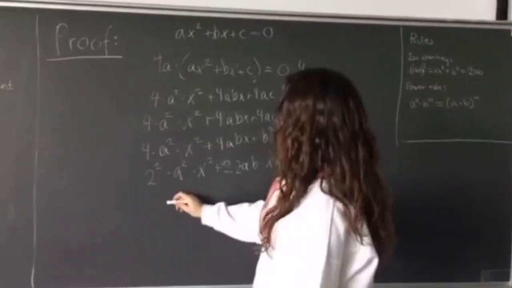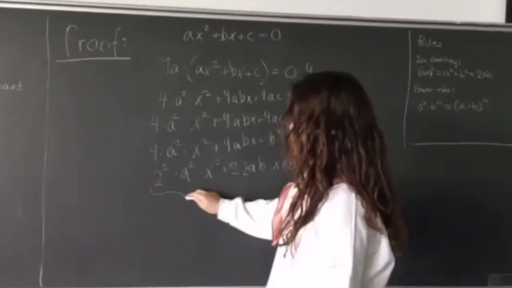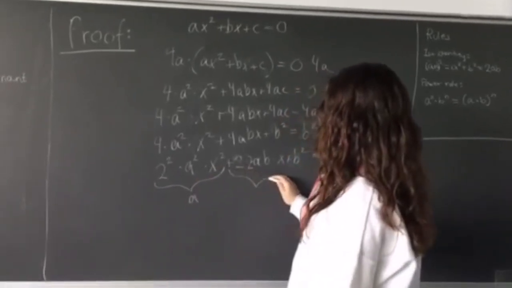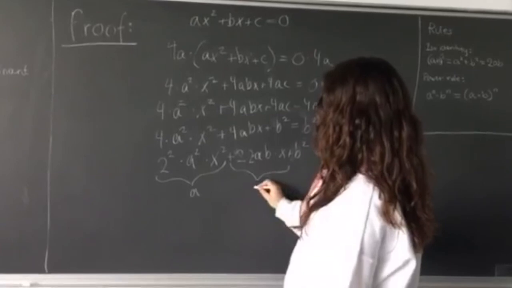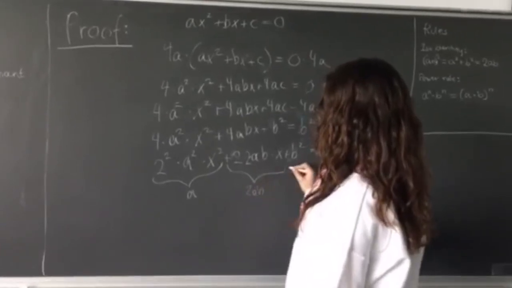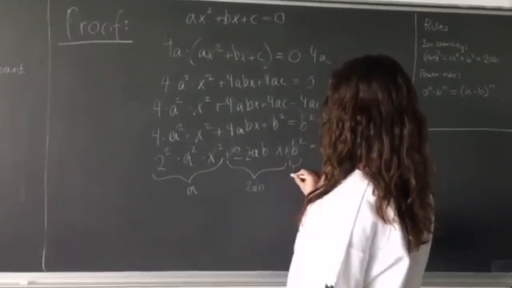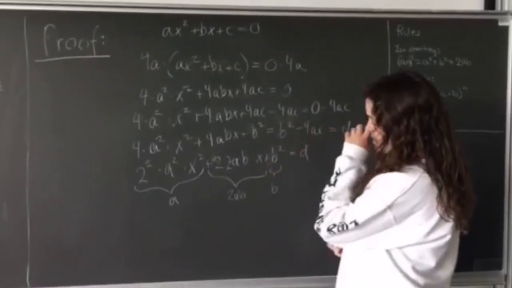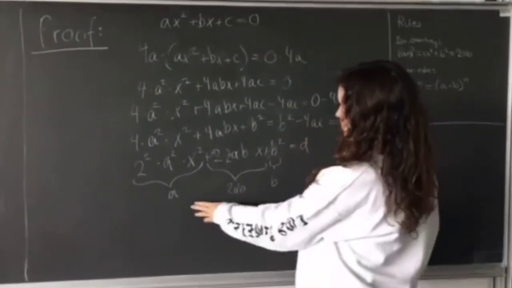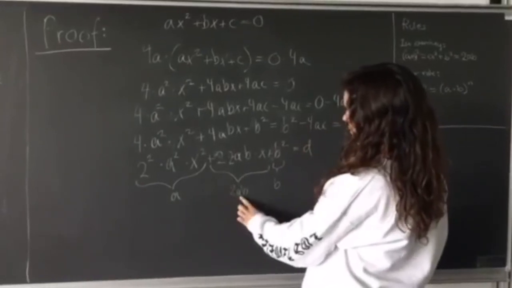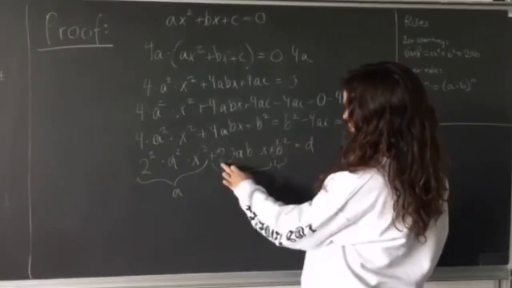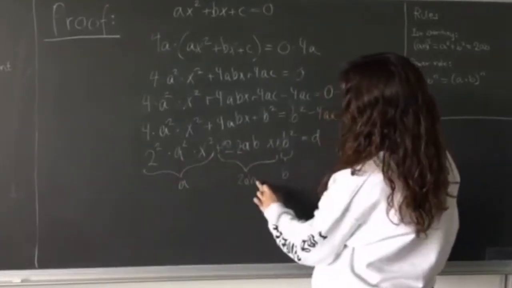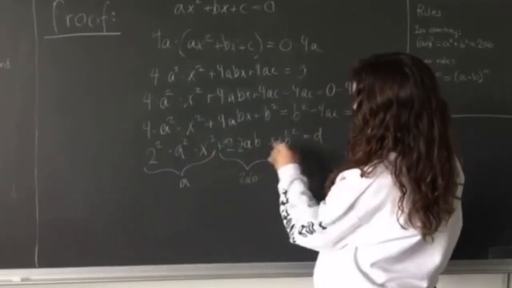So what we know now is that this section right here is a, that this section right here is our 2ab, and that this section right here is our b. And we can see that this is our 2ab, because we need to have 2 of a, which is 2ax, which we have here, and then the b is the b right there, 2b.